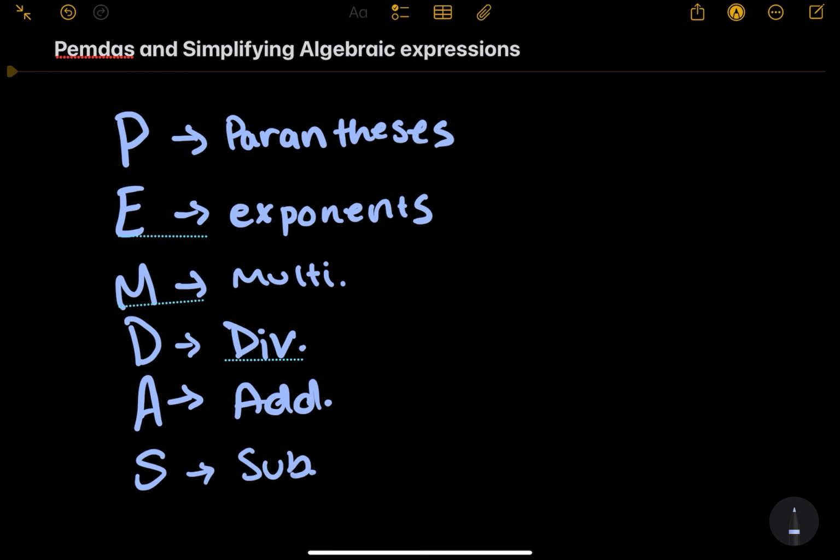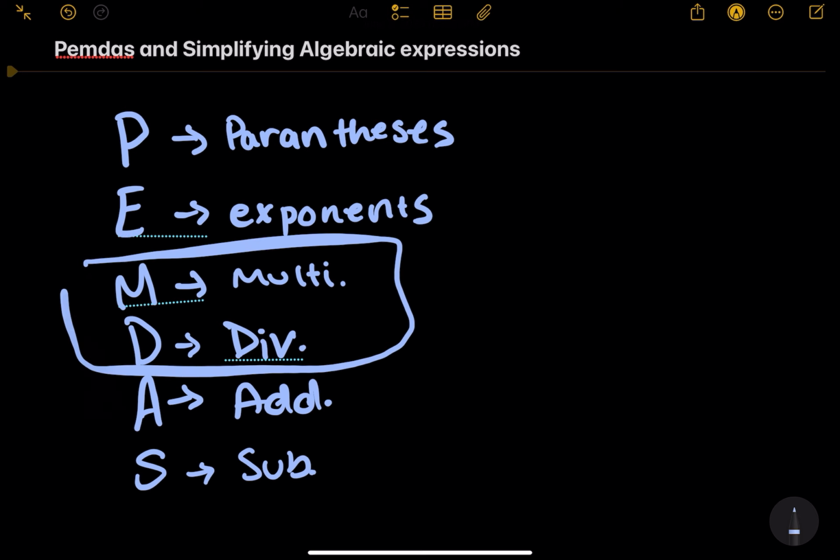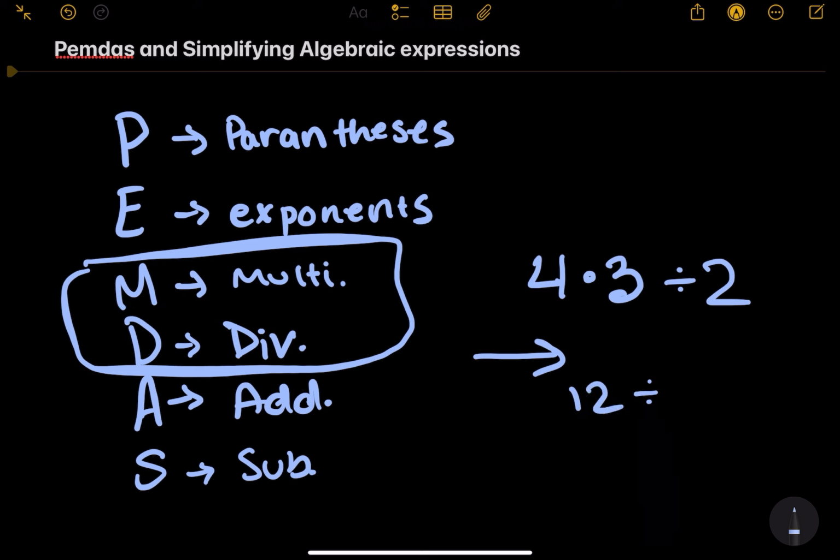One thing to keep in mind is whenever you see multiplication or division within the expression you're simplifying, you're going to do multiplication and division from left to right. So if it said 4 times 3 divided by 2, you go from left to right: 4 times 3 is 12, divided by 2 gives us 6.